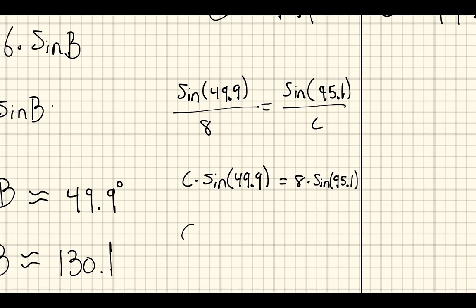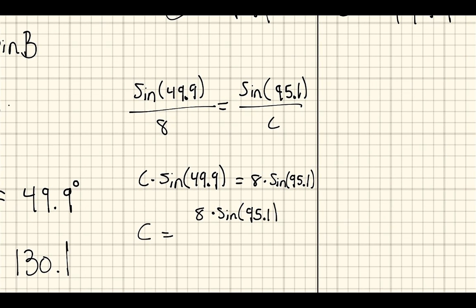C will equal 8 times the sine of 95.1 over the sine of 49.9. And I know I'm about done with this problem, so I know you guys are, if you're even still watching, way done with it too. But we're almost there.